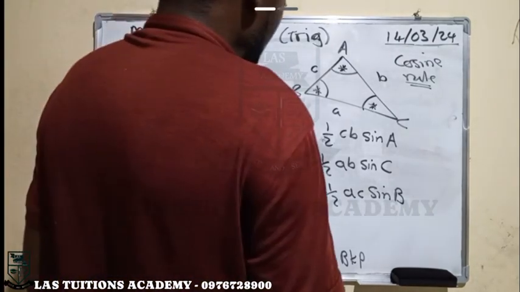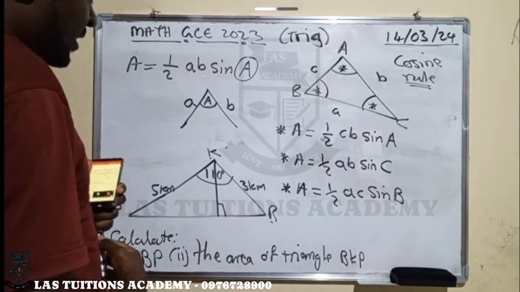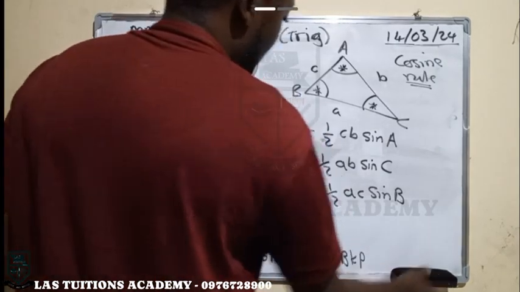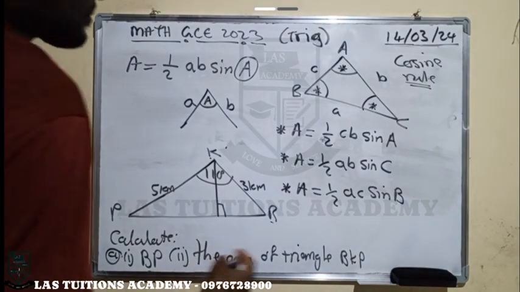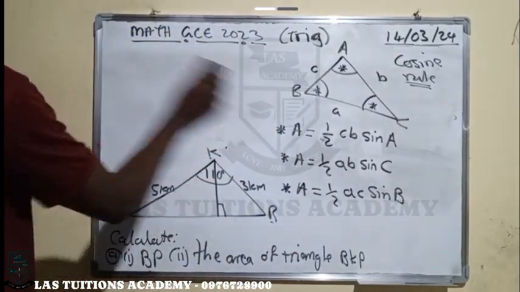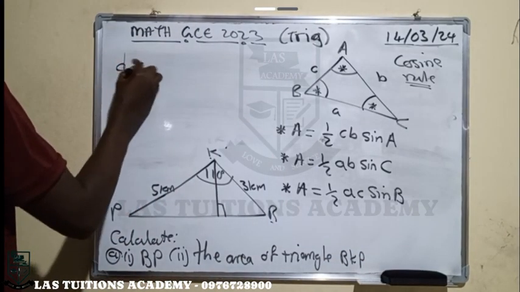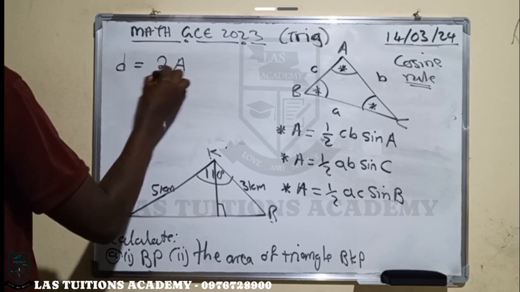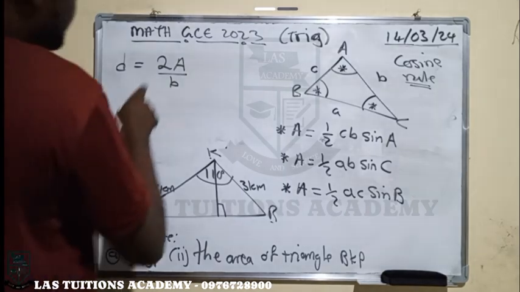Okay, so after you found the area of the triangle, then everything else will follow on how you can find the shortest distance and the like. So in fact, the formula for the shortest distance is distance is equal to 2A over B. So the shortest distance is 2 times the area.